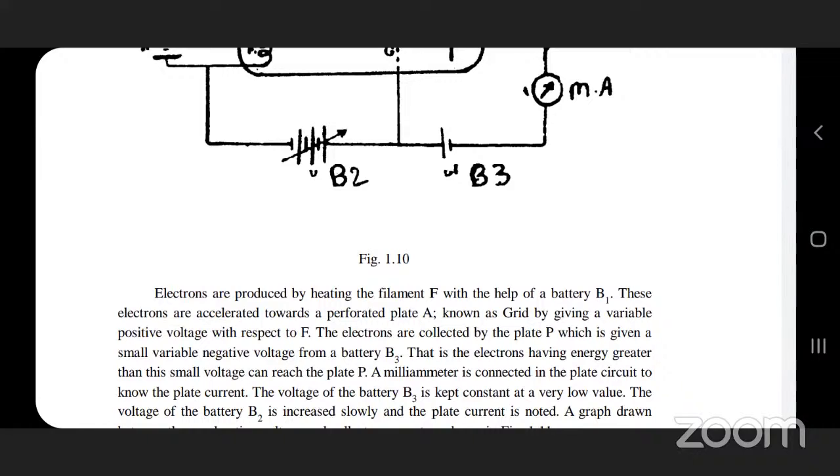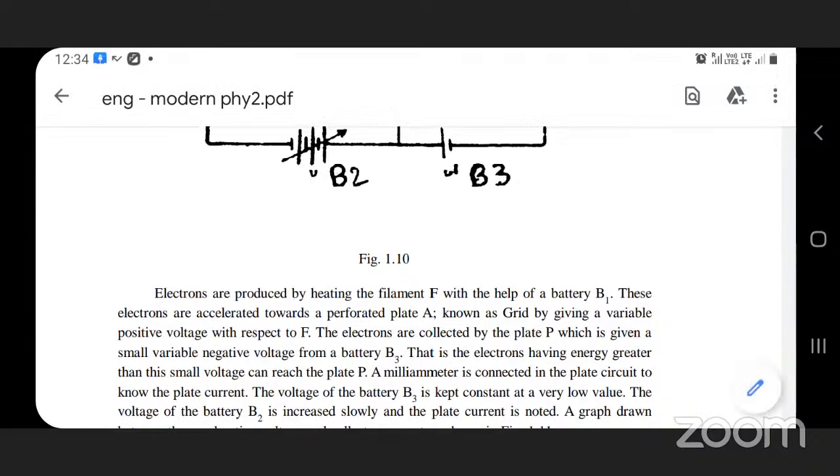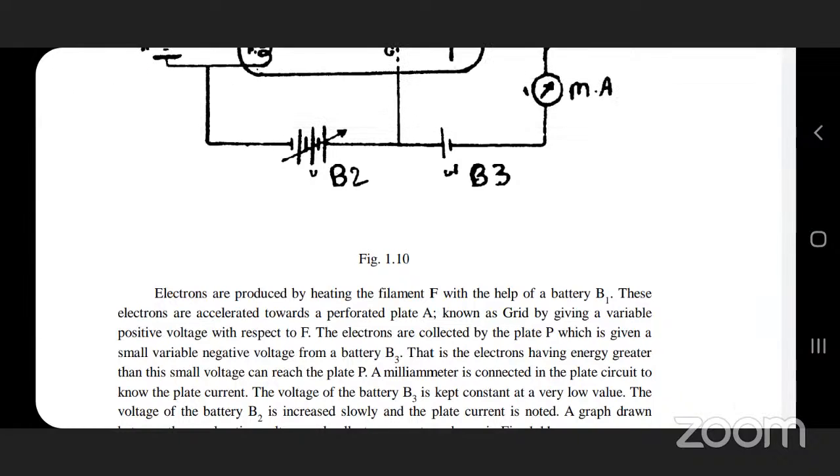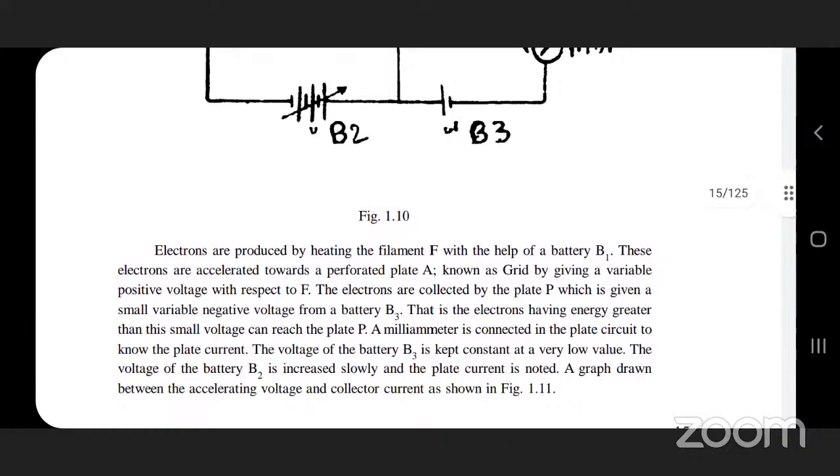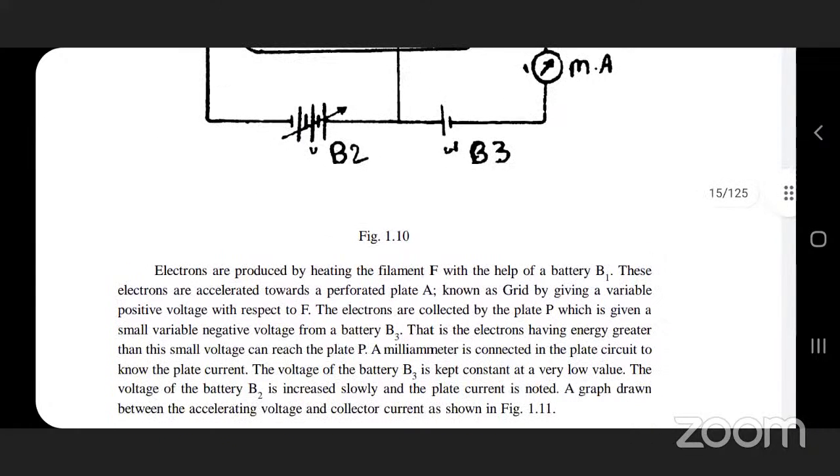A milliammeter is there, 10 to the power minus 3 ampere. The voltage of the battery is kept constant at a very low value, and when the battery B2 value is increased slowly, the plate current is noted.